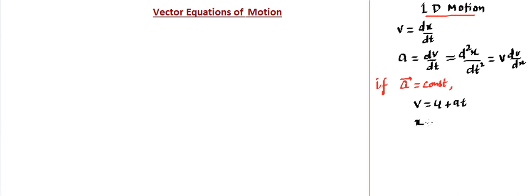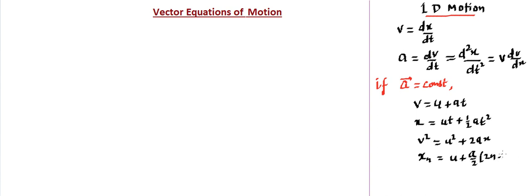Second is x is equal to ut plus half at square. And next is v square is equal to u square plus 2ax. And finally one more that we write is xn, the displacement during the nth second, is u plus a by 2 times (2n minus 1).